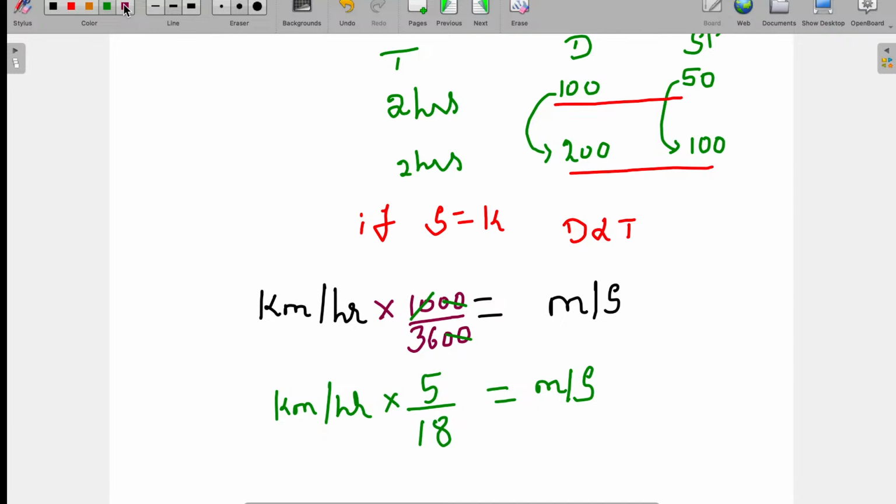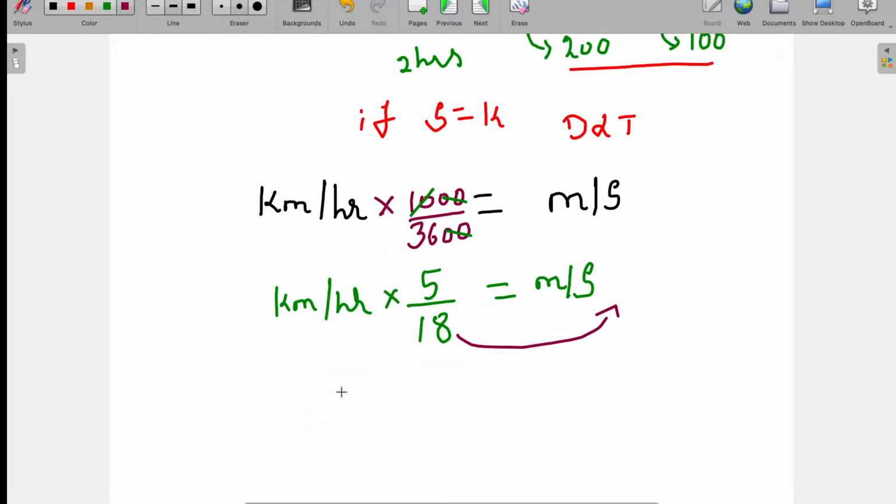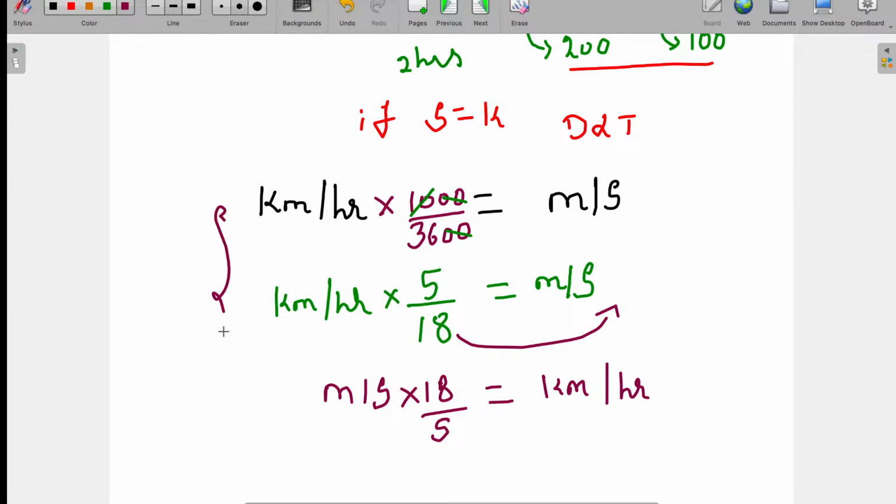Same thing if I do reverse, meter per second into 18 by 5 is equal to kilometer per hour. So to convert meter per second to kilometer per hour, we multiply by 18 by 5. Write on this equation.